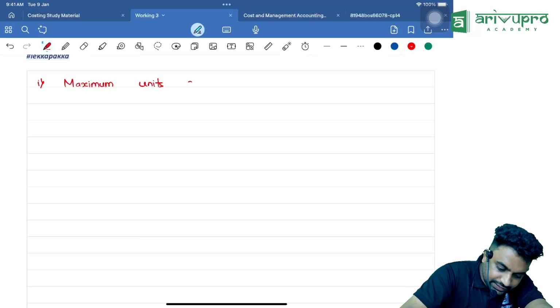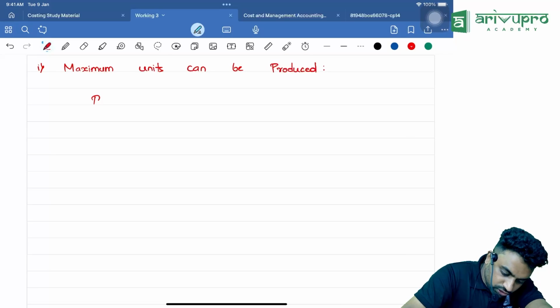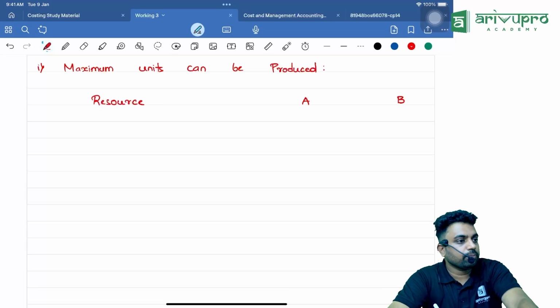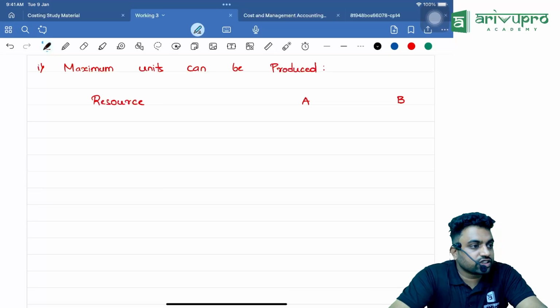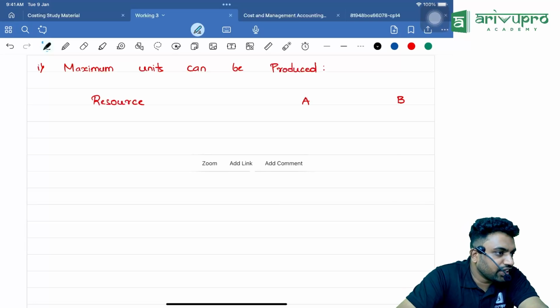Maximum units can be produced. For resource A, B. The first resource we are going to take is alloy. Correct?